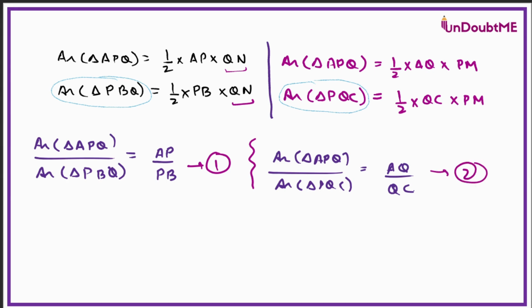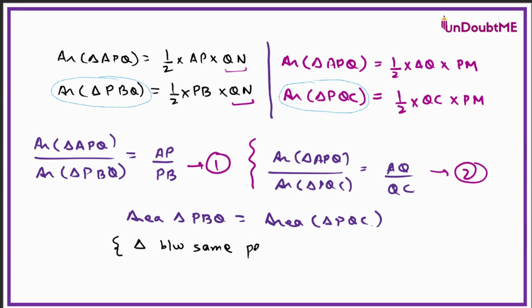Now just before this only, we have proved that area of triangle PBQ is equal to area of triangle PQC. What reason we will give for this? It will be triangles between same parallel and same base are equal in area.